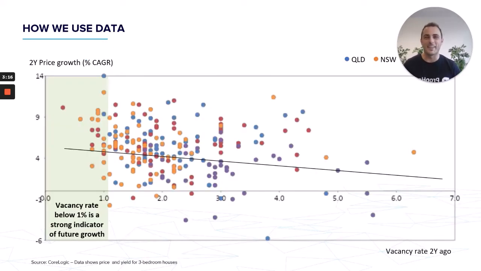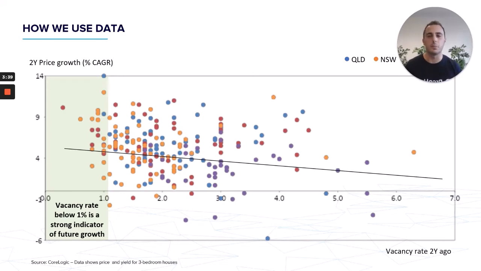To give you an idea about how it works concretely, our data models in the background, think about correlation on steroids. We run thousands and thousands of correlations to understand what are the predictive elements of future growth, or what are the indicators we can look at today that will ensure you significantly outperform the market.